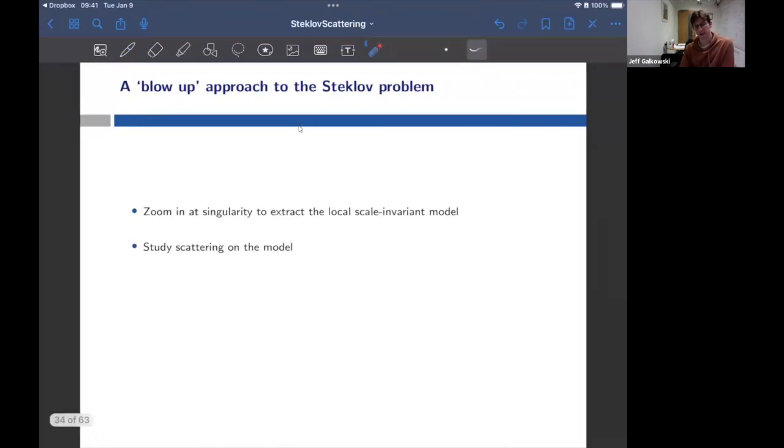And then once you're in the model, you want to study scattering on it. I'll explain in some detail what I mean by that. Roughly speaking, scattering is about the following. Here's my local scale invariant model. I want to know, if I send a wave in, say, here and here, what comes out.